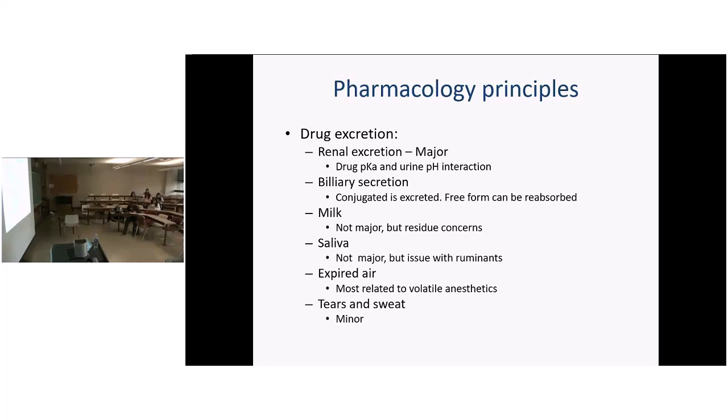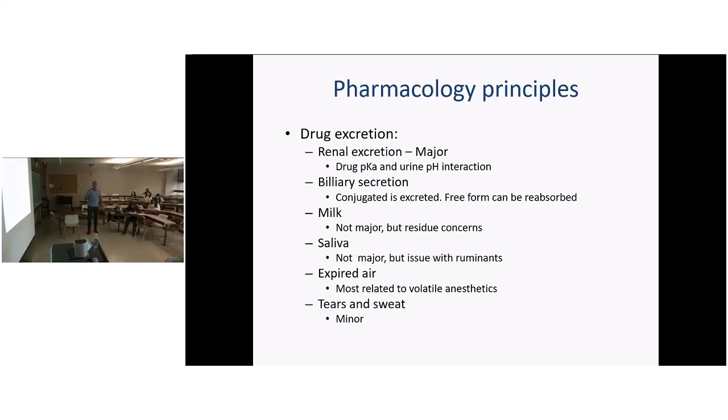Carnivores, their pH is very different, especially because of their diet. Normally our urine pH tends to be more on the acidic side, 5 to 7. The pH of herbivores in general tends to be more basic, 7, 8, 9, even 7, 8 in general. So that can have some effect on how you excrete.